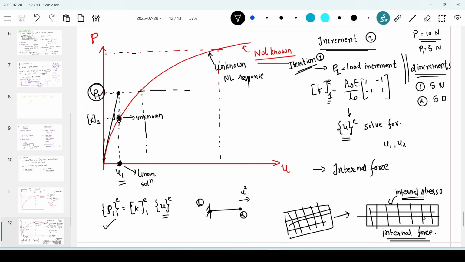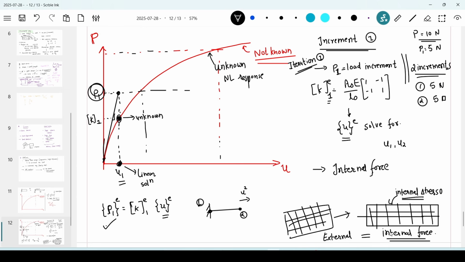Stresses are nothing but resistance to the external load. So internal forces will resist the external force. That means both should be in equilibrium, both should be equal.